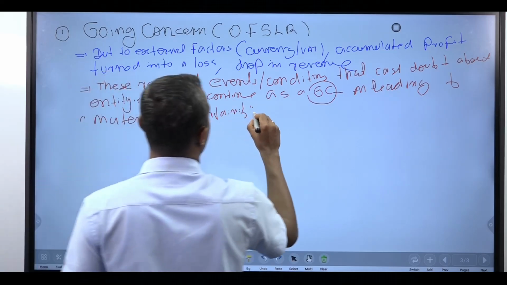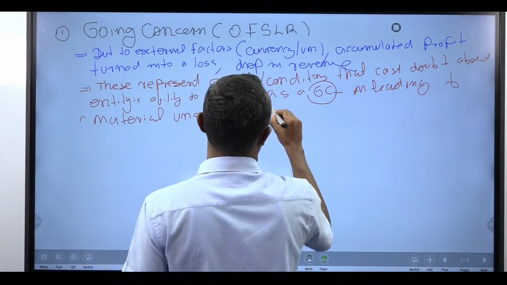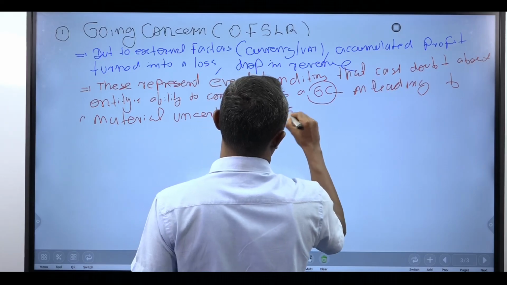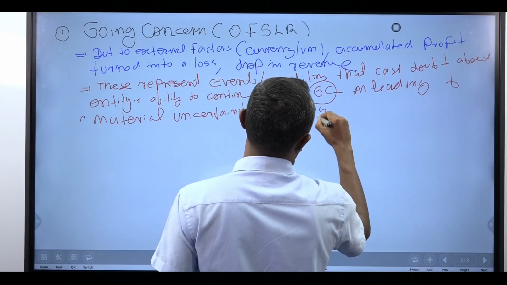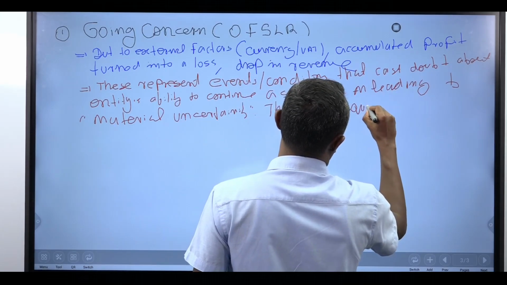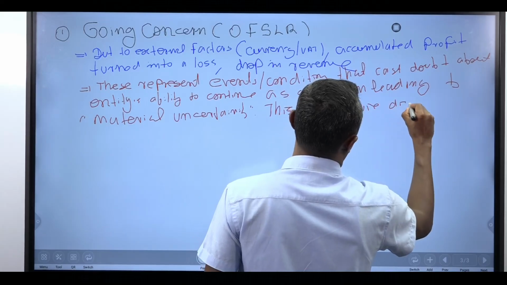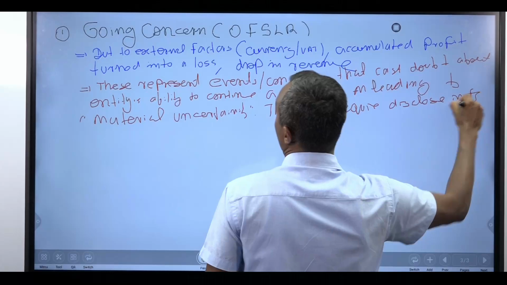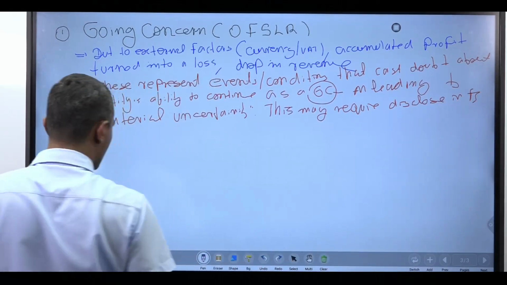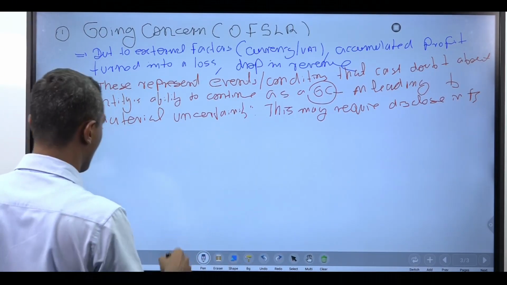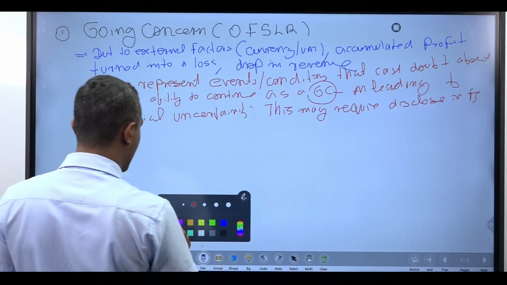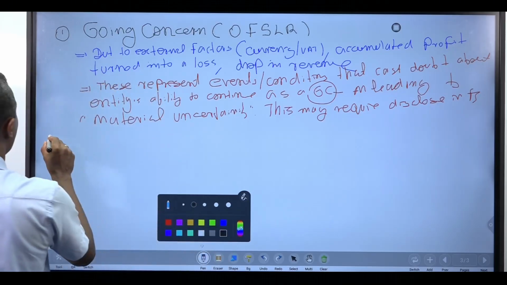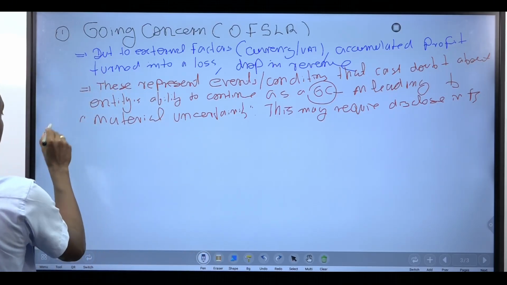That may require disclosure in the financial statement. Right, and if these disclosures are not done, the financial statement can be affected, and that is wrong. And then what else did we discuss? There are so many issues, right? We only had to write 5.